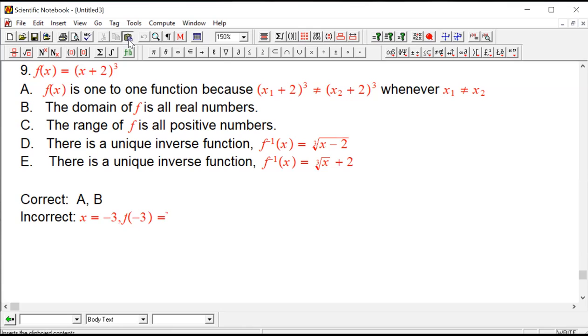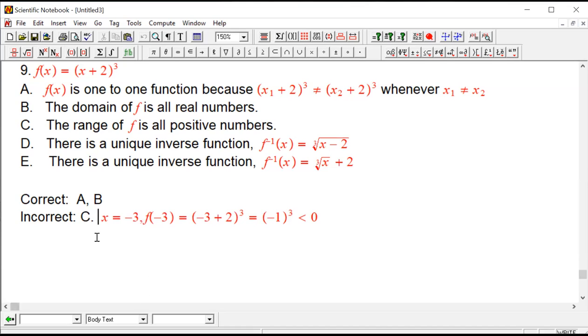You plug in -3, and that's (-1)^3, which is negative. So the function value is not necessarily a positive number. It could be negative, so C is incorrect.